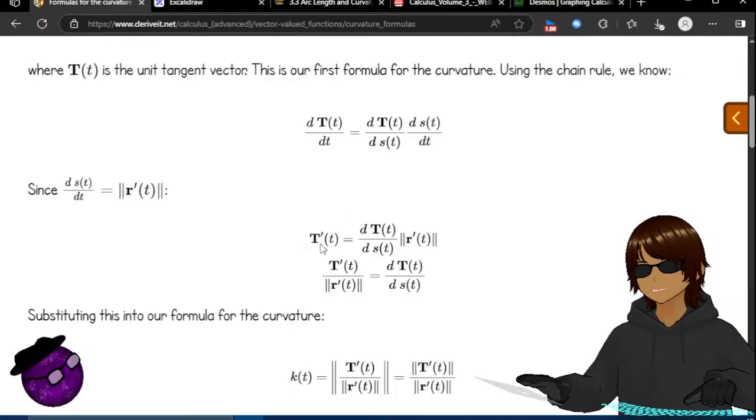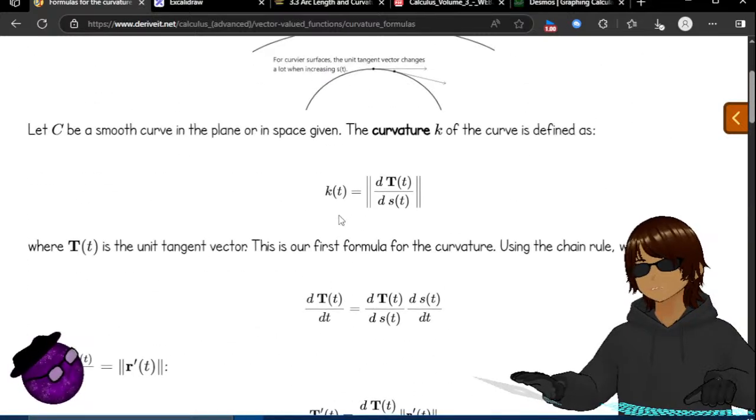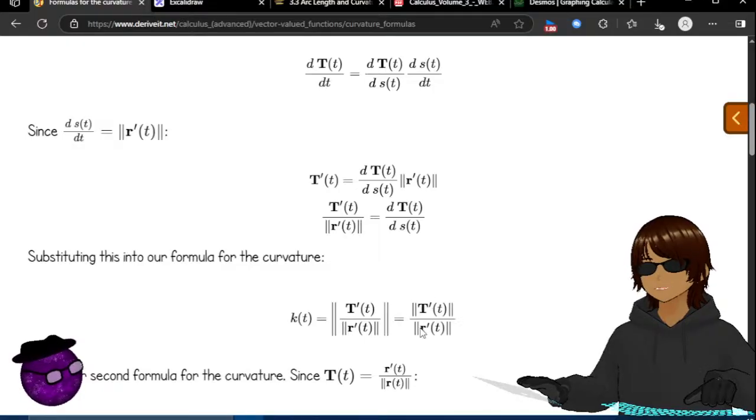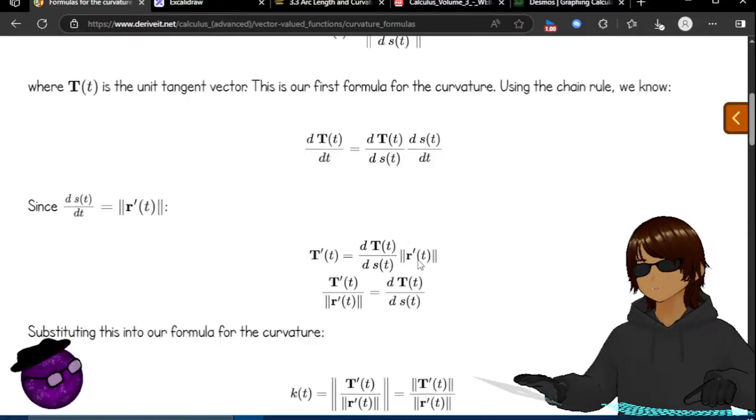Then we can put the r on the other side. And substituting that into the original function, we get this. So the derivative of T divided by the derivative of r, and then only the lengths of both. This is the first formula.